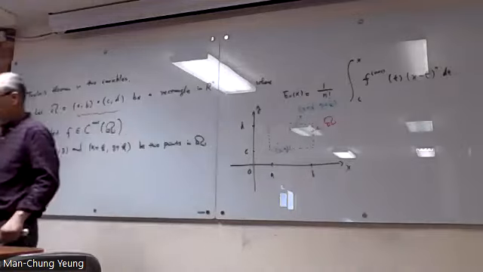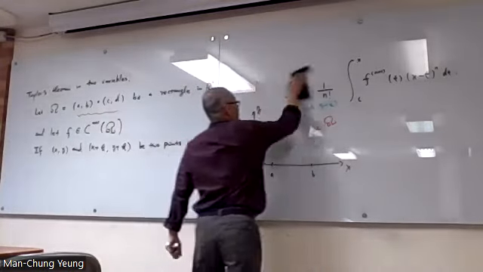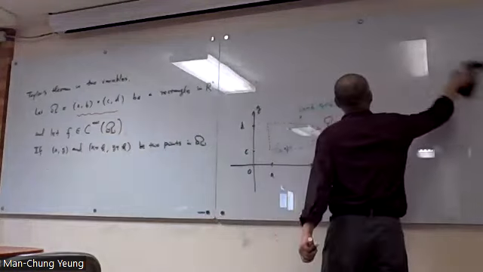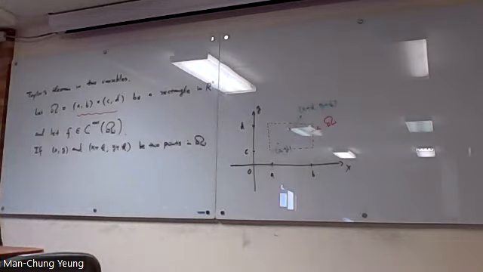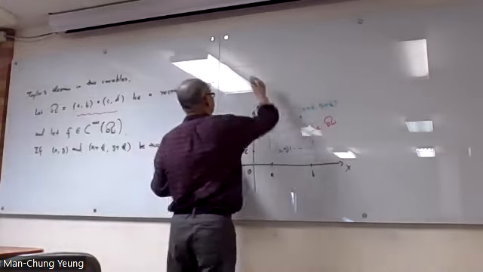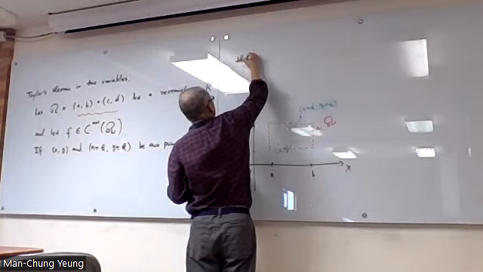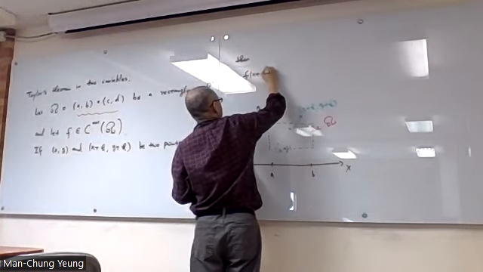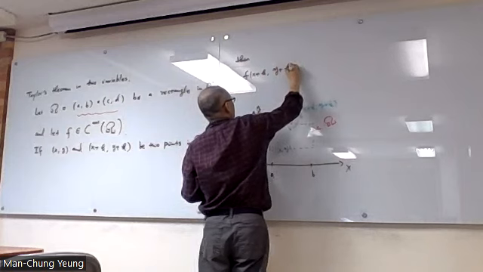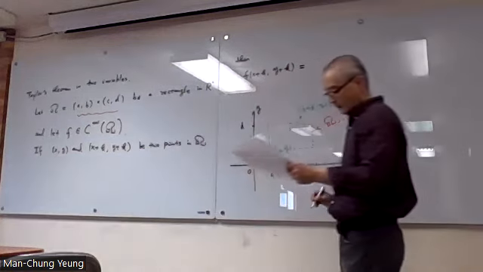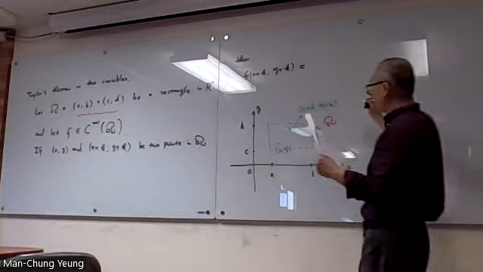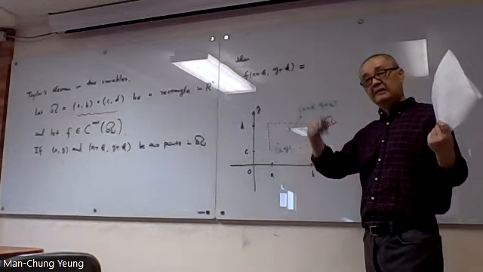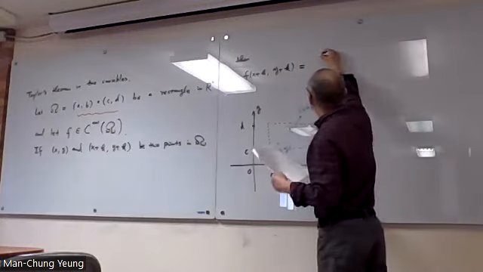Then the function value at this point can be expanded into polynomials. This time I use sigma notation for the sum.